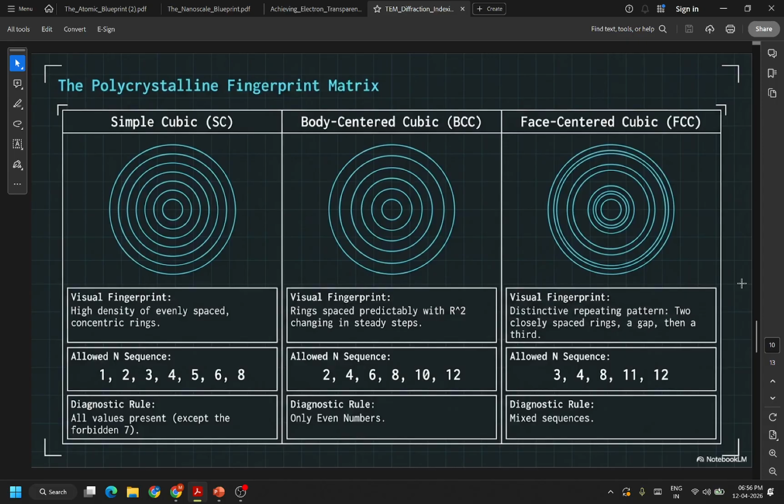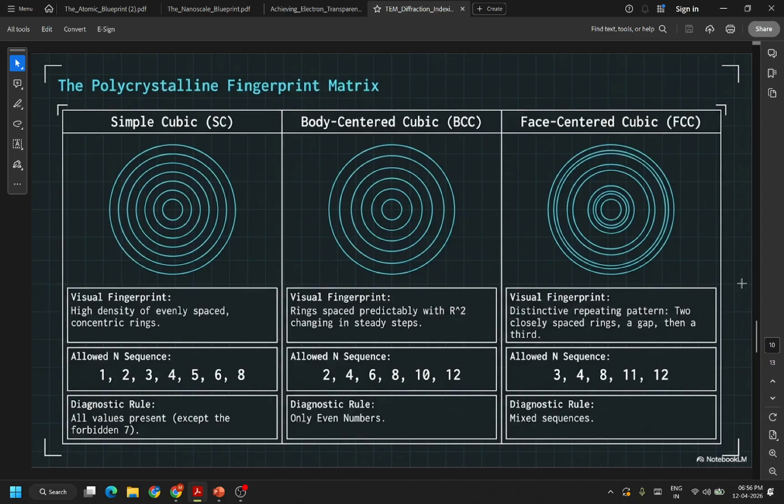So we can see here for simple cubic, we get high density of evenly spaced concentric rings because it will allow n sequences 1, 2, 3, 4, 5, 6, 8.